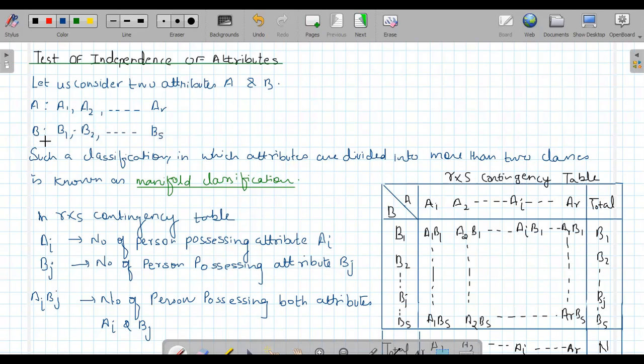So here we are taking two attributes and we want to test whether these two attributes are independent or dependent on each other.